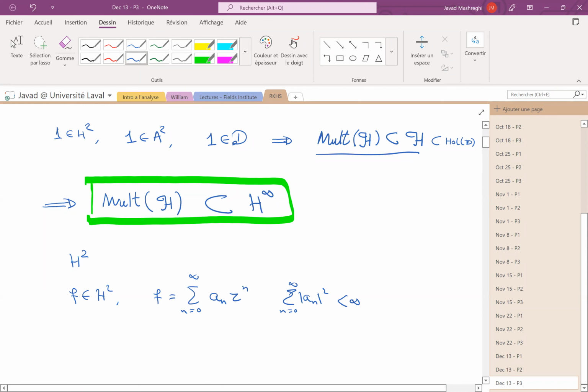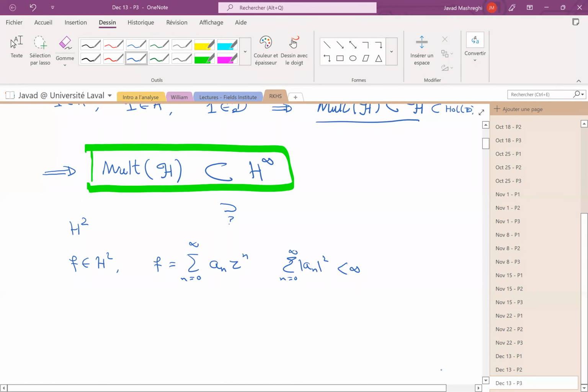And now you want to show that every element of H infinity is also a multiplier. So you need to consider an F in H infinity. You don't have specific information about its coefficients, except that H infinity is also in H2, but it doesn't help that much.